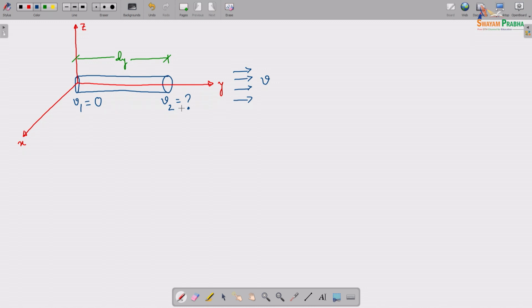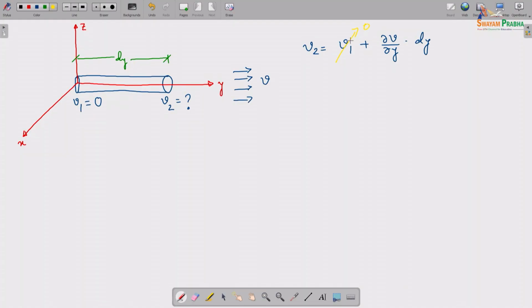Well, let's say that V2 is going to be V1 plus del V del Y. That is, at what rate the velocity is changing in the y direction, multiplied by the net length over which this change is happening, so that it gives me the total change in velocity as I move in the direction of flow in the y direction.